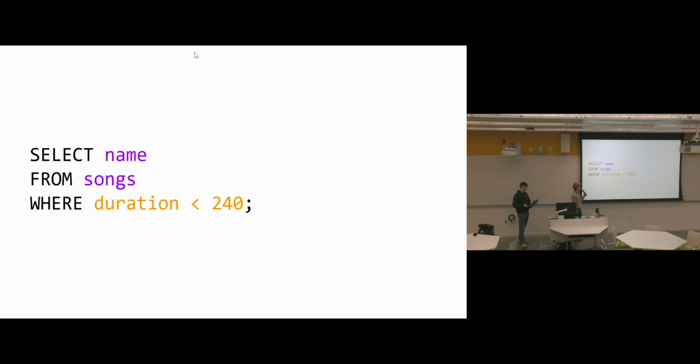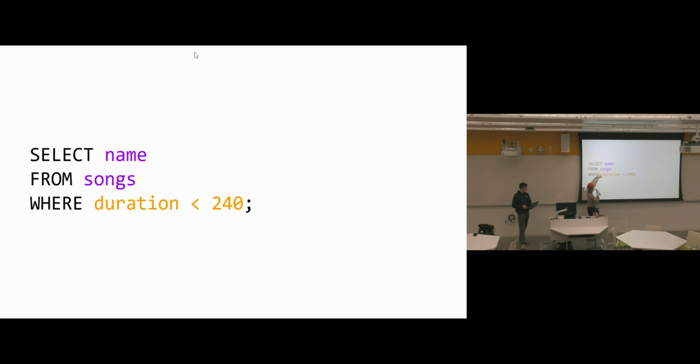SELECT name FROM songs WHERE duration < 240. If you look at this, we're picking some items from the name column from the songs table where its duration is less than 240. So you're interacting with different components here.